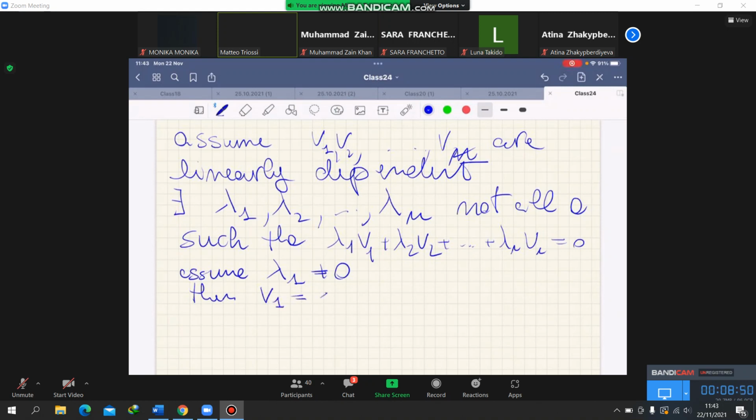V1 is minus lambda 2 divided by lambda 1 V2, minus lambda 3 divided by lambda 1 V3, and so on, minus lambda n divided by lambda 1 vn.